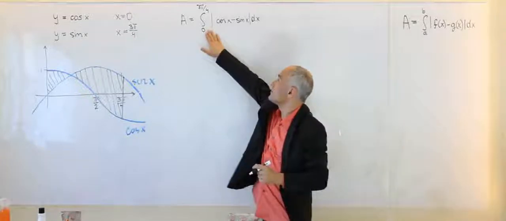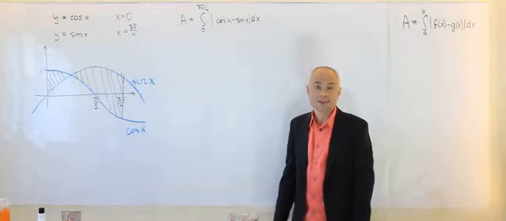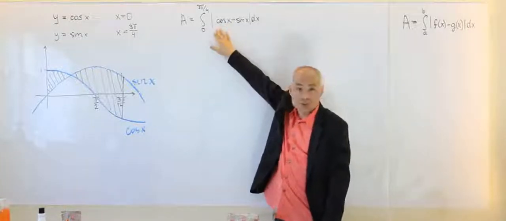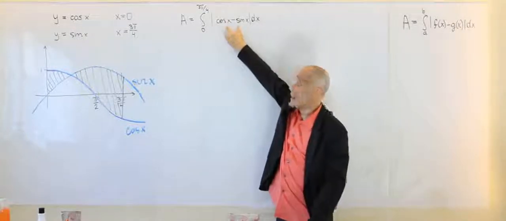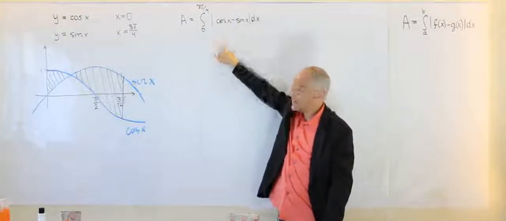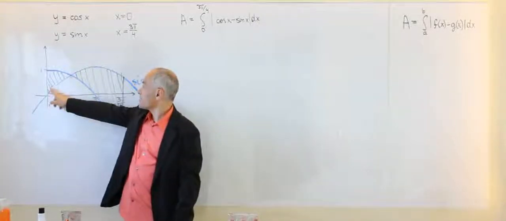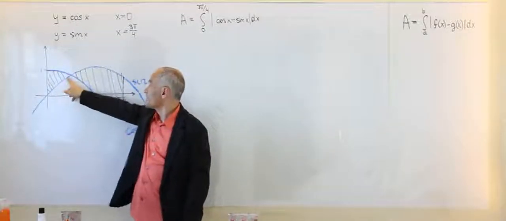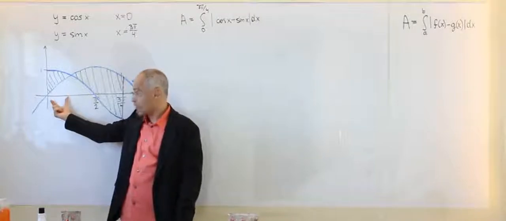So how do we solve an integral of the absolute value? In order to get rid of the absolute value, we need to know the sign of what's inside. So let's look at the graph here. In the very beginning, between 0 and that intersection point, cosine was above sine, right? So probably we will split that integral into two integrals.